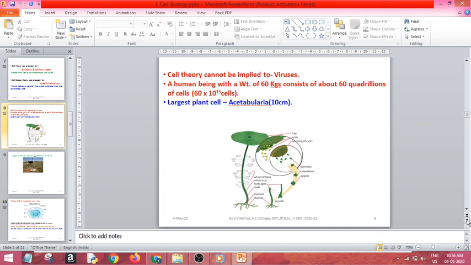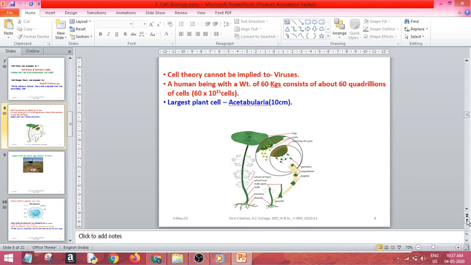In multicellular organisms, 1 kilogram of living mass contains 1 quadrillion cells. For example, a human being weighing 60 kilograms consists of 60 quadrillion cells.